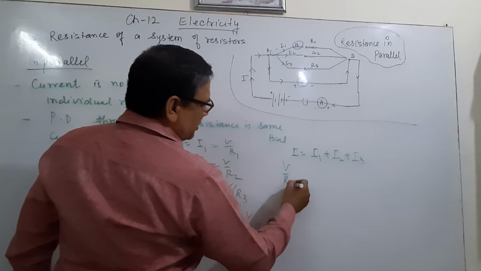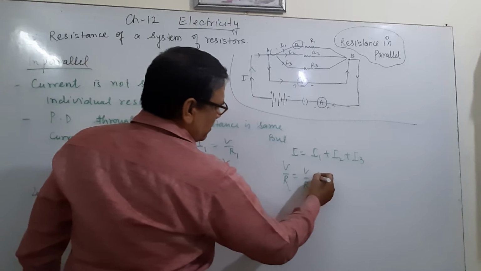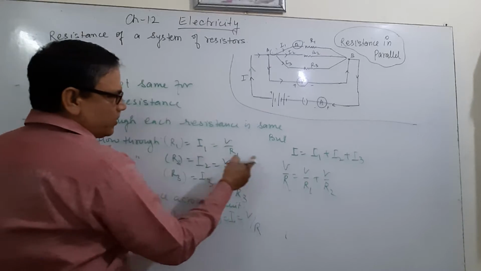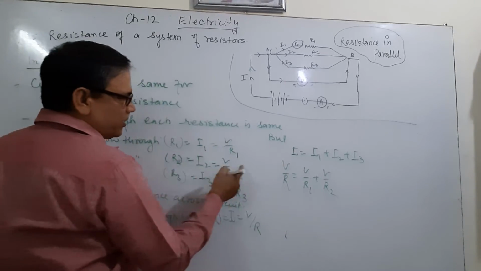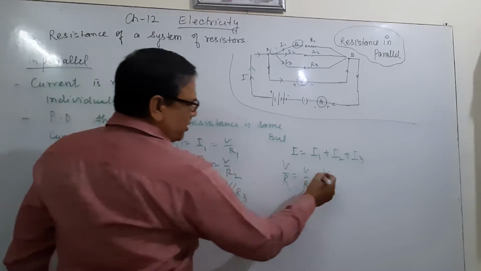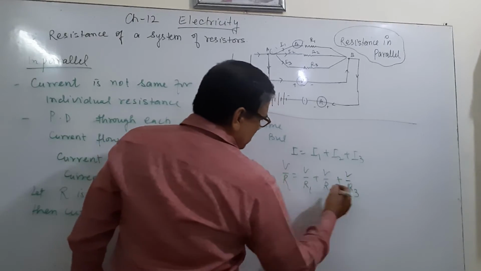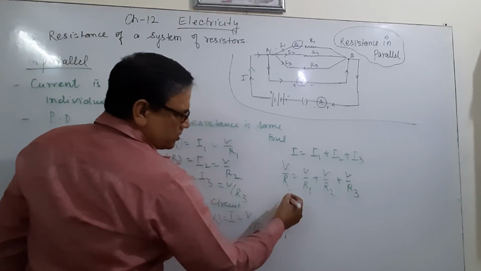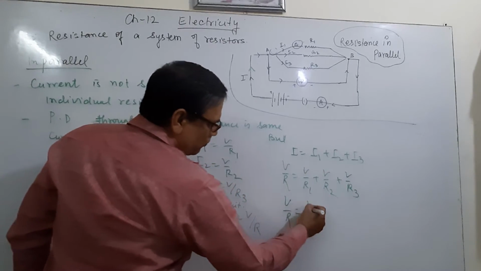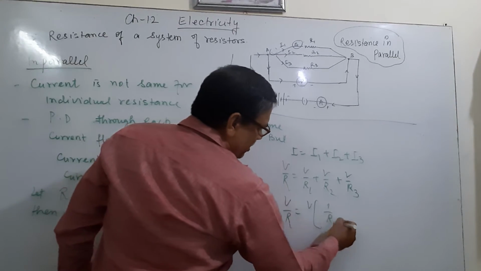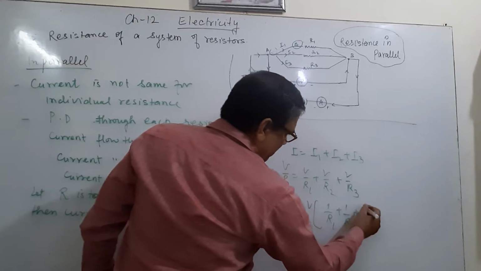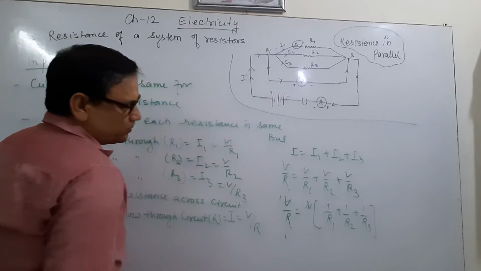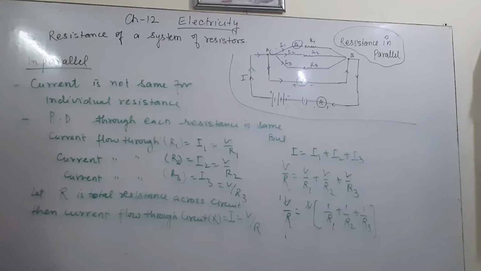So V upon R is equal to V upon R1 plus V upon R2 plus V upon R3, that is I1, I2 and I3. V is common. So V upon R is equal to V times 1 upon R1 plus 1 upon R2 plus 1 upon R3. This V and this V will cancel. Now tell me the answer.